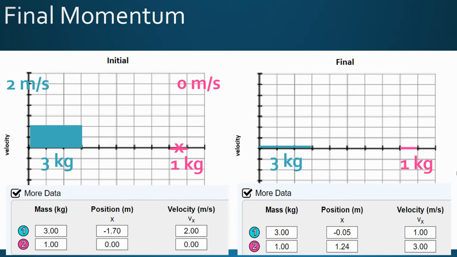Ball 1 is now moving to the right with a velocity of 1 meter per second. So we're going to make our block 3 kilograms wide and 1 meter per second tall. Ball 2 still has a mass of 1 kilogram, so it's going to be 1 block wide, but it's now moving with a velocity of 3 meters per second. So we're going to make that block 3 meters per second tall.